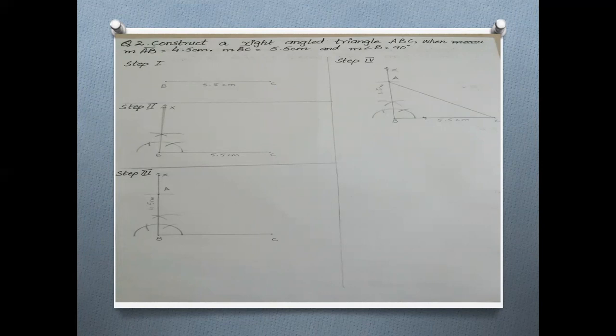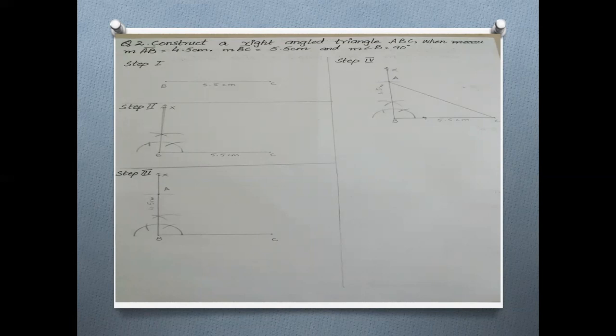Construct the right angle triangle ABC when AB is 4.5 centimeters, BC is 5.5 centimeters, and angle B is 90 degrees. In question 1, it's up to you. You can make the angle of 90 degrees on any point. But in question 2, you must draw the angle of 90 degrees on point B.